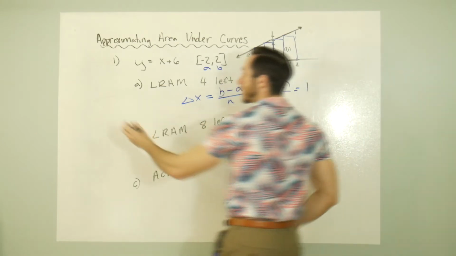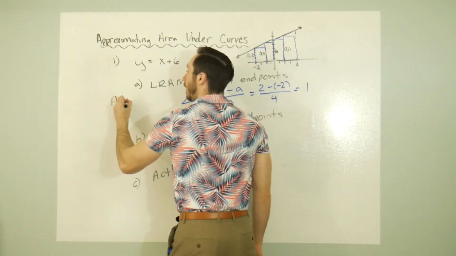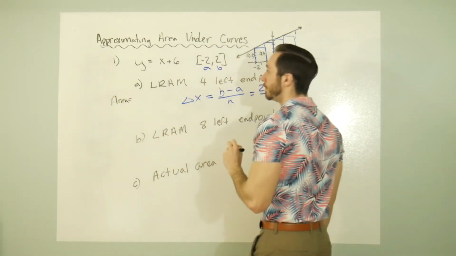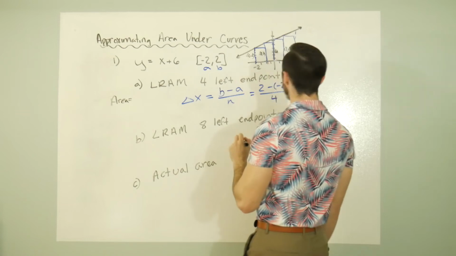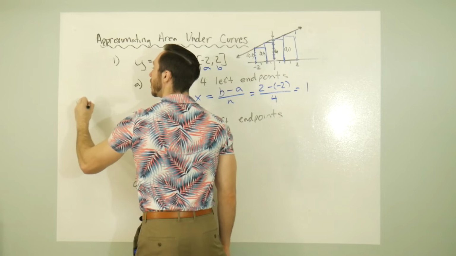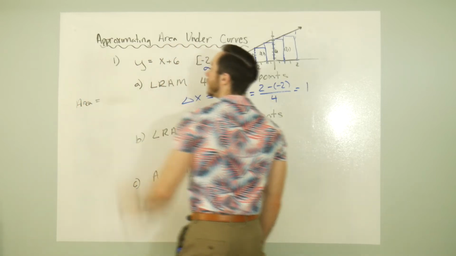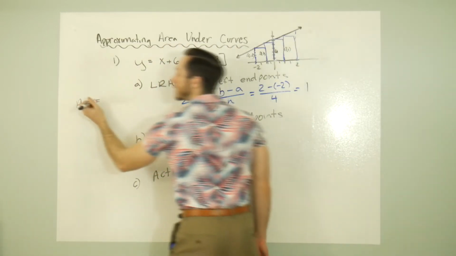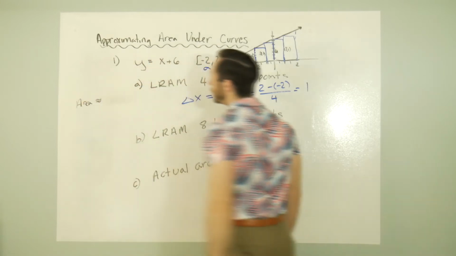So we're going to say the area is approximately equal to, because this is an approximation method after all.